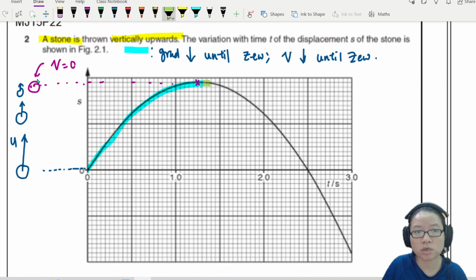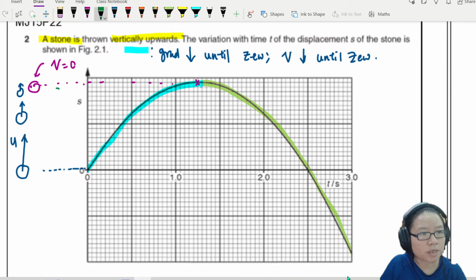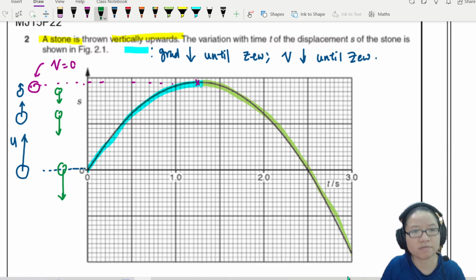So this part here, you can see the gradient is increasing, increasing, increasing. From here onwards, the ball is falling downward with increasing velocity. So in this part, the gradient increases, which means velocity increases.